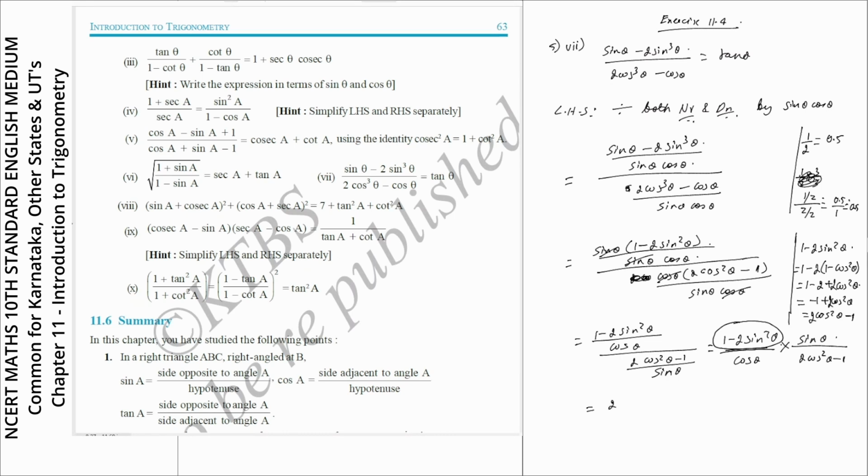So this is equal to 2 cos square theta minus 1 by cos theta into sin theta by 2 cos square theta minus 1. Now 2 cos square theta minus 1 will get divided with 2 cos square theta minus 1. Now I'll be left with sin theta by cos theta, which is equal to tan theta, which is equal to the right hand side.